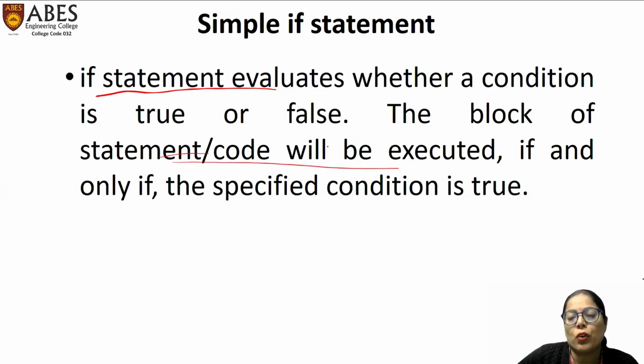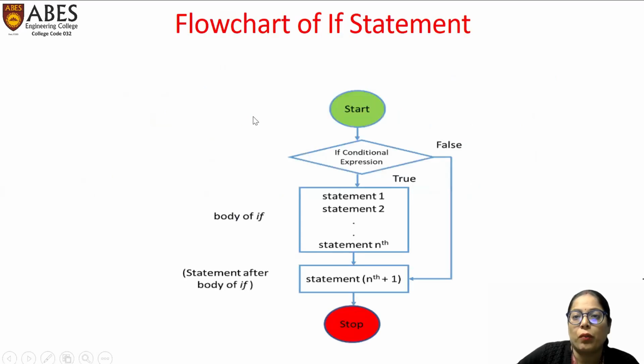Otherwise, if the condition is false, it will not be executed. So there are 2 points you should know about how if statement works. If statement will try to find whether the condition is true. So if the condition is true, then only the statement will be executed. This we will understand with the help of a flowchart.